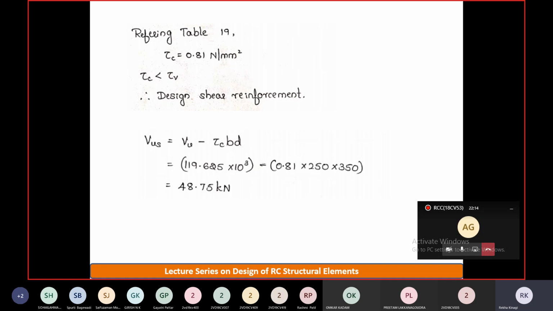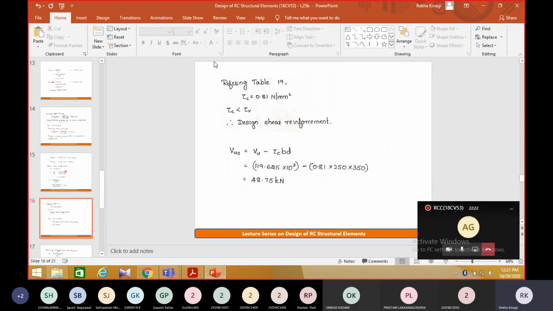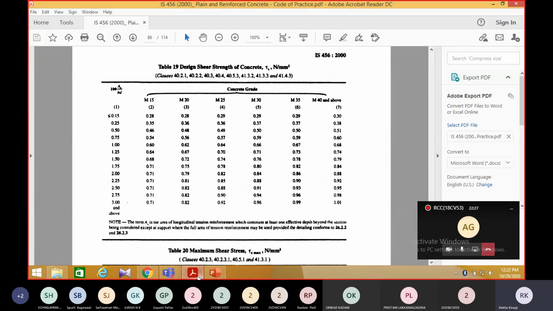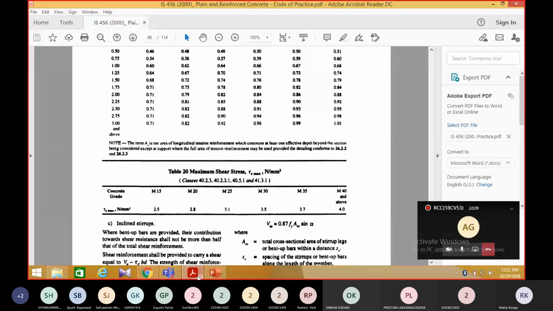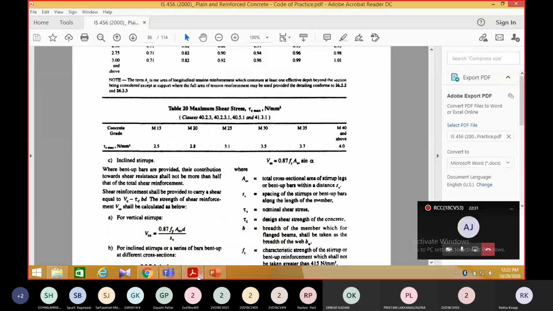So in order to design the reinforcement, what we are going to use is the equation VUS is equal to VU minus tau c into BD. Again, this is from the codal provision. Here, shear reinforcement shall be provided to carry a shear equal to VU minus tau c into BD.